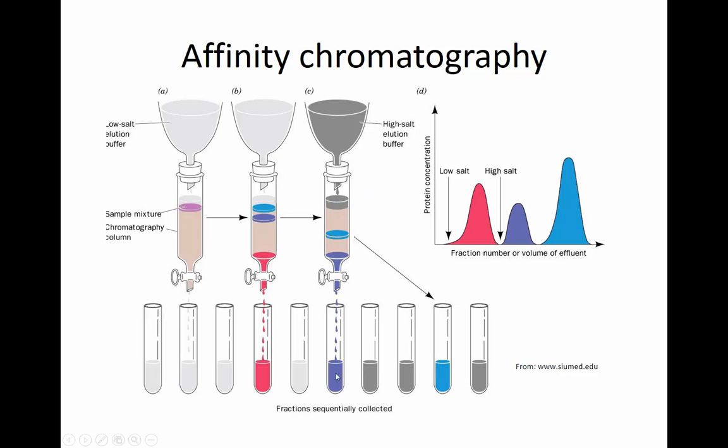If something doesn't bind the ligand very strongly, it'll come out first, but things that bind the ligand strongly and need a lot of that high salt elution buffer will come out last. And usually these are the most important things that you want. And you'll see how this works if you're one of those doing affinity chromatography in the end of the semester project.